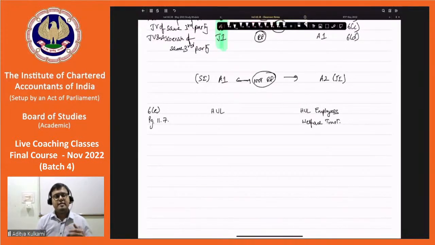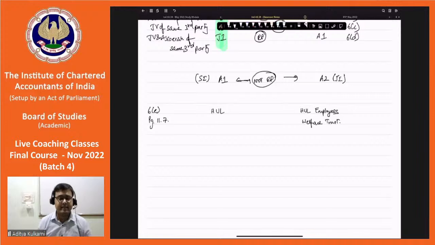Now, after an employee completes 10 years, 15 years, 20 years in service and he retires or resigns, he will demand his gratuity. The gratuity will be a huge cash outflow for the company at the time of resignation or retirement of the employee.